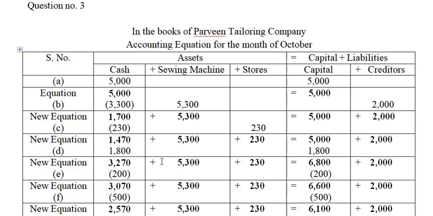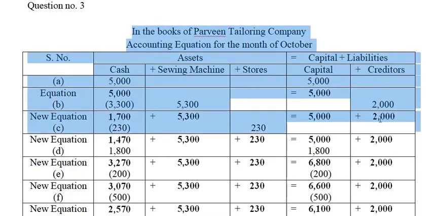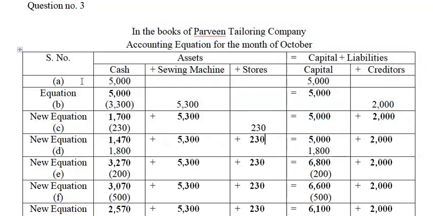So after you prepare this format, you will start entering all the items from the question. Always prepare this format with pencil. Use the scale, so the lines will be straight.